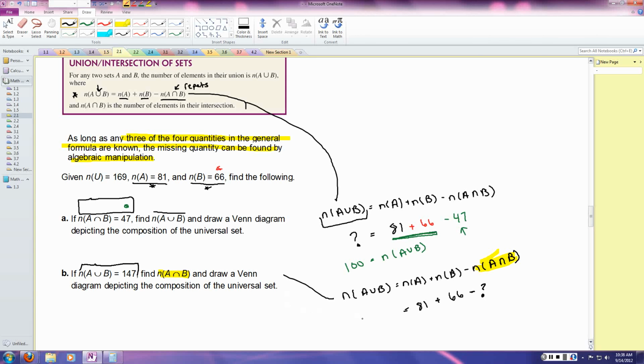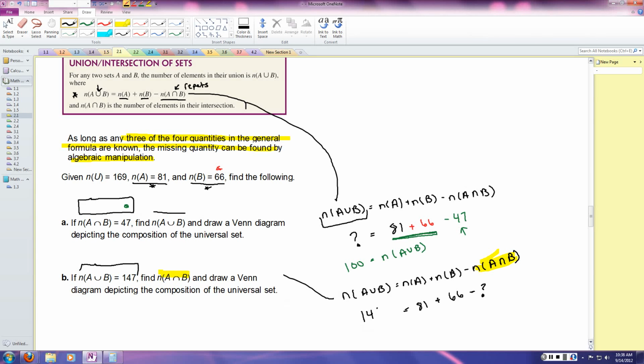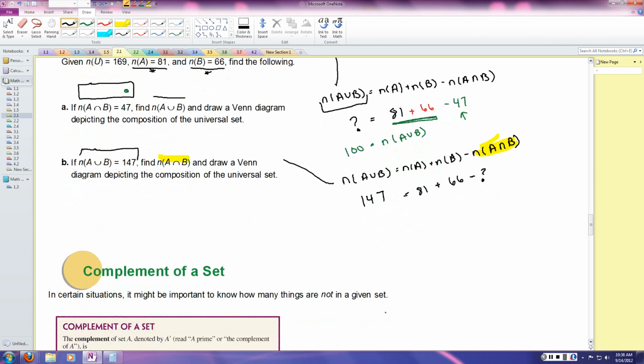So I have 147 in the union. So what I want to do is solve for this question mark. So I would take 147 equals 147 minus question mark, because 81 plus 66 is 147, so that tells me question mark must be 0.